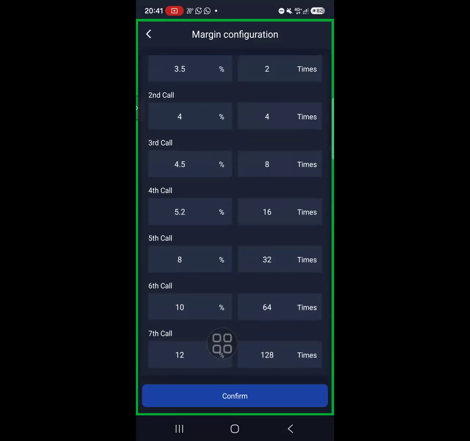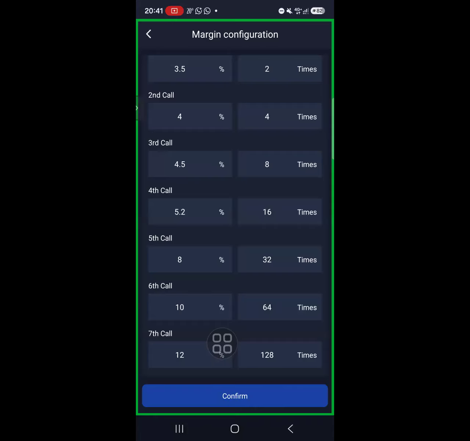The steady is much closer to the radical one. It's only the conservative one that has a bigger margin call drop percentage. So this is a little bit steady. You can see that the steady one starts with 3.5.